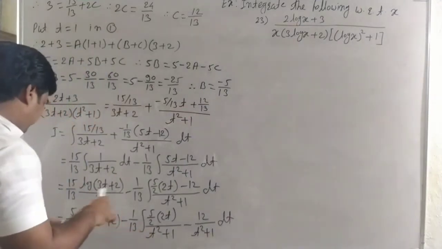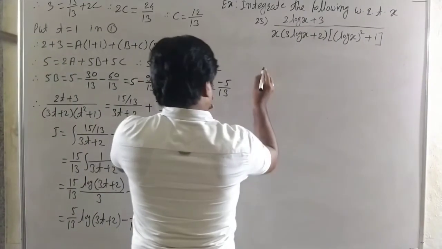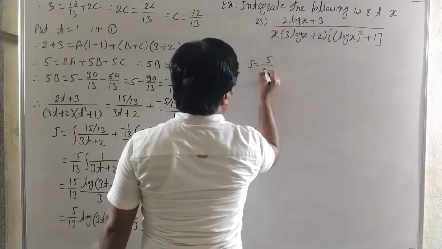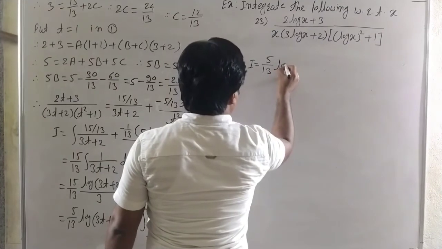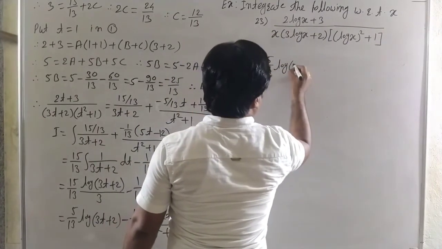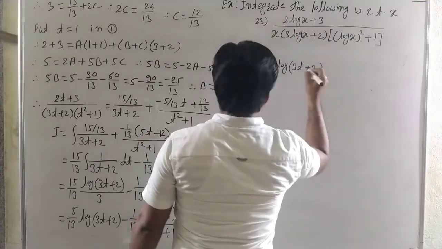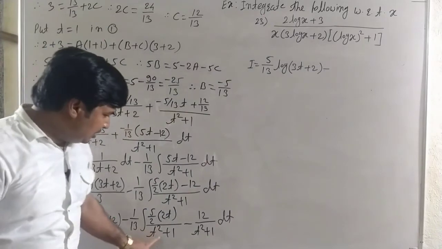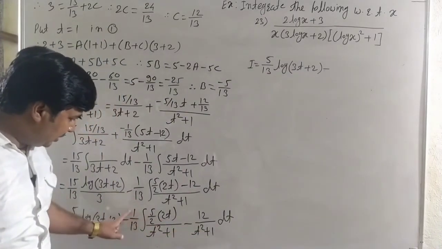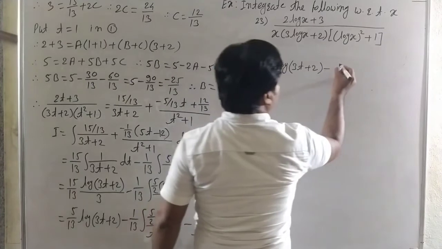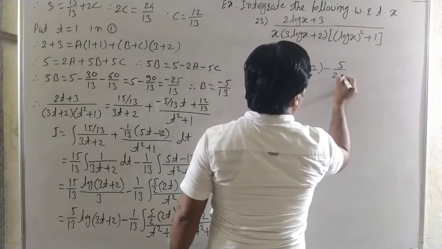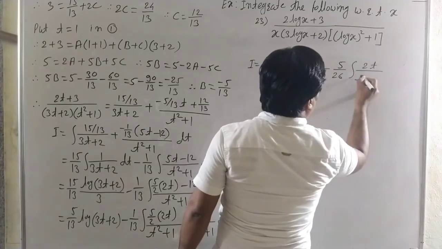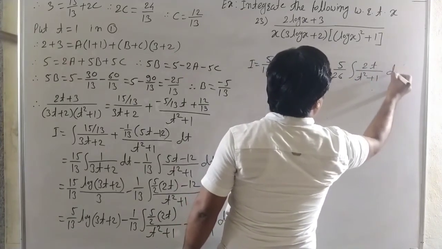Now here the integral is equal to 5 by 13 log of 3t plus 2 minus, here we separate these two integrals, here 5 by 2 and 1 by 13, so we can write minus 5 by 26 into integral of 2t upon t square plus 1 dt.